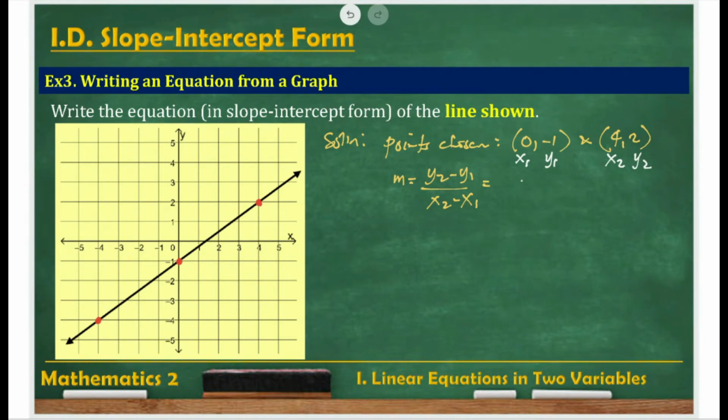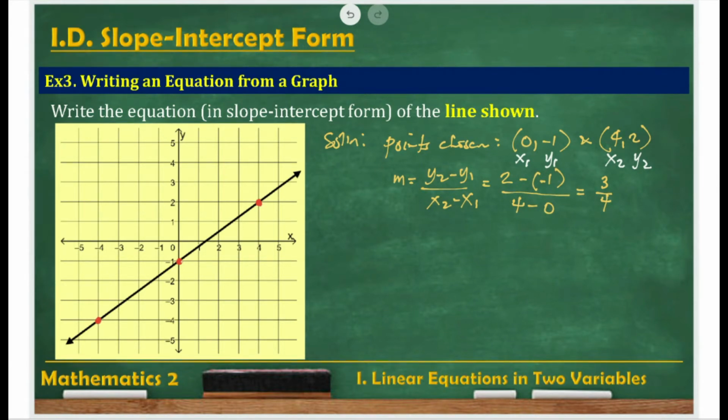Then by substitution, for the slope it's y sub 2, that's 2, minus y sub 1, minus a -1, all over x sub 2 which is 4, minus x sub 1 which is 0. Simplifying further, I will have 2 minus a -1, that's 3, and then 4 minus 0, that's equal to 4. So the slope is equal to 3/4.